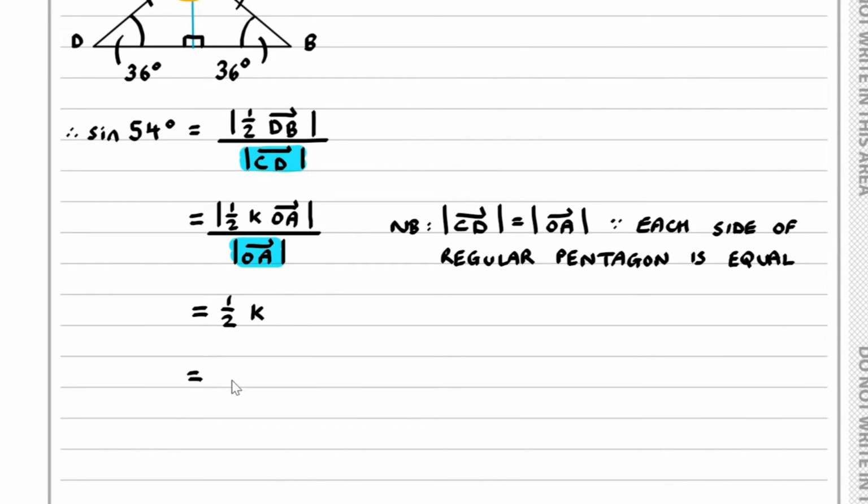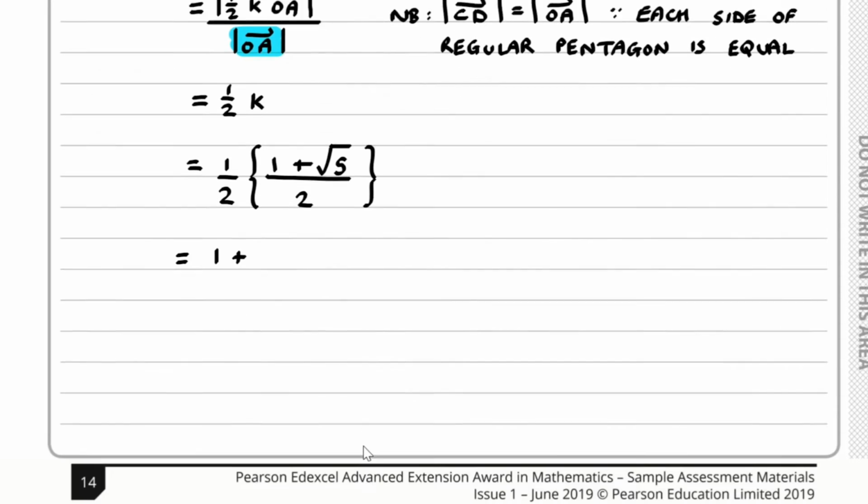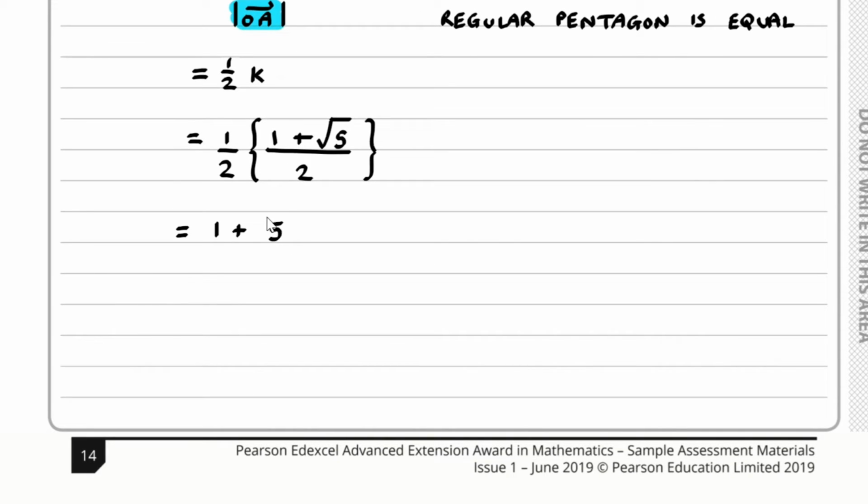So we have 1/2 of the value k, so that's 1/2 of (1 plus square root 5)/2, which is equal to (1 plus square root 5)/4. So that is what sine 54 is equal to.